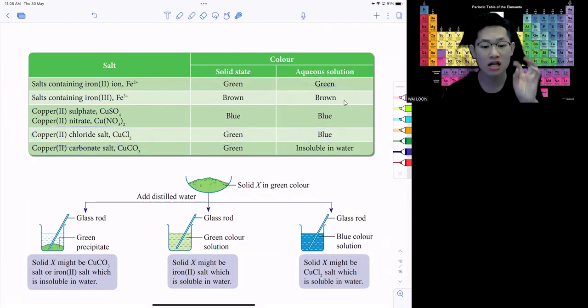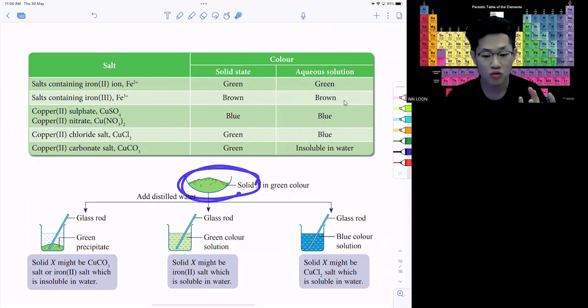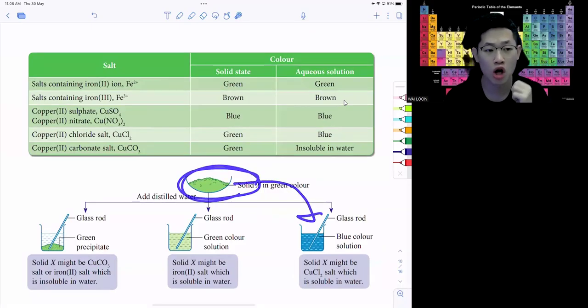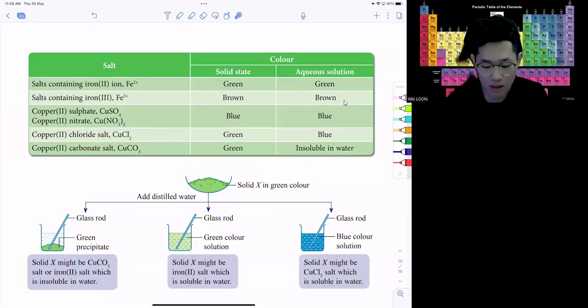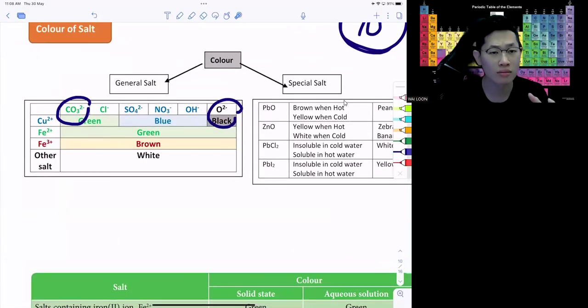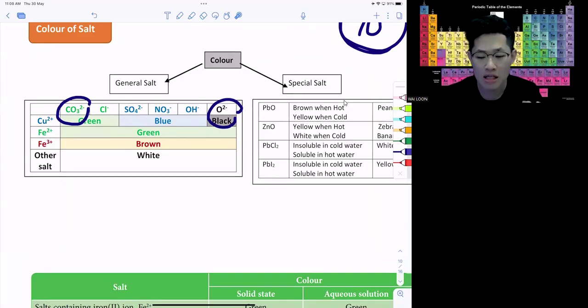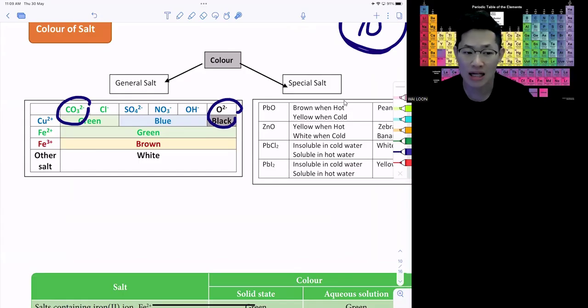That means it is a green solid. After it dissolves into water, it forms a blue solution. So most of the time, when we are using copper(II) chloride, it is actually already in solution form. So that means it will also be blue.